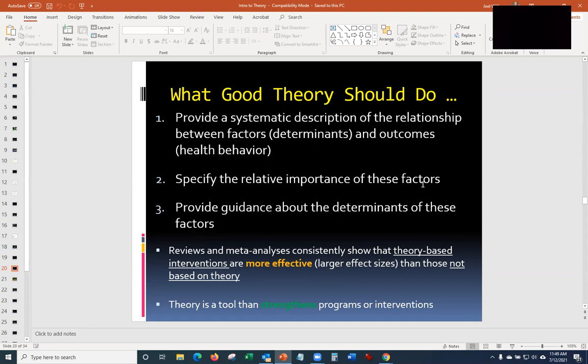Good theory should provide a systematic description of the relationship between these factors or constructs or determinants that we're talking about and the health behavior, should specify the importance of these factors. So some factors are stronger than others, but they all work together, and provide guidance on how we can utilize this information, these constructs that we're measuring.